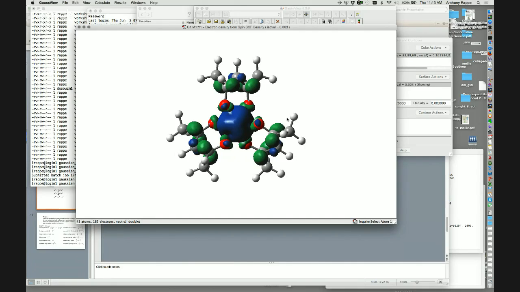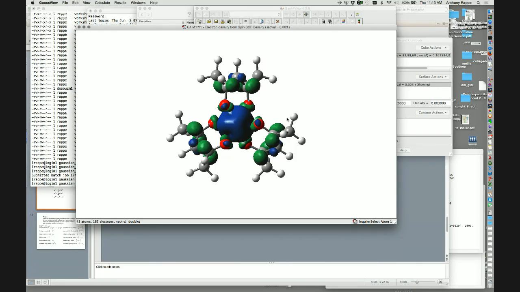Yes? Down at the bottom there, it says neutral doublet. Is it something neutral? It's just a doublet. We got another electron. I mean, that's wrong. This label is not correct.